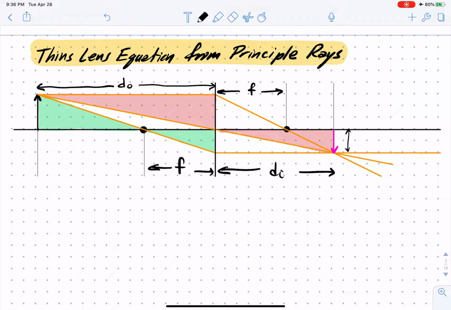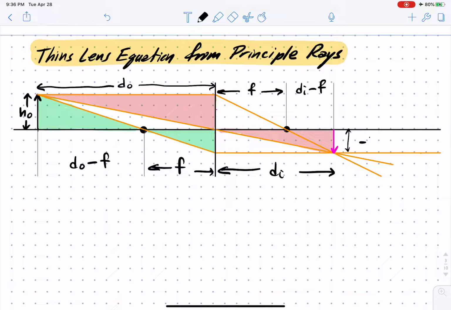Okay, so apparently this is the image distance minus the focal length. And this is the object distance minus focal length. The other thing we're doing is we're going to call this HO, the size of the object.